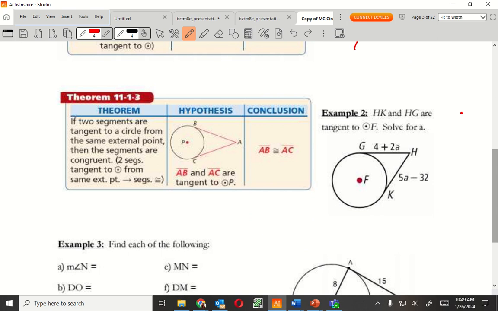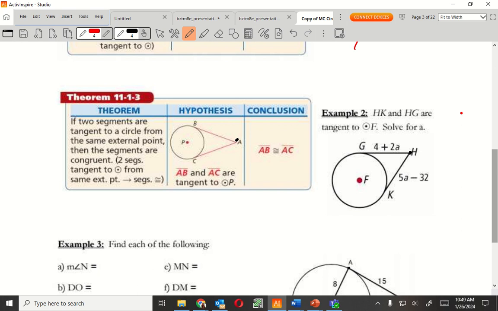Okay, good. It says right here, theorem. If 2 segments are tangents to a circle from the same external point, like here, or in this problem, it would be my point H right there. Yeah, we're going to do this one, but I'm trying to explain to here. Then the segments are congruent.